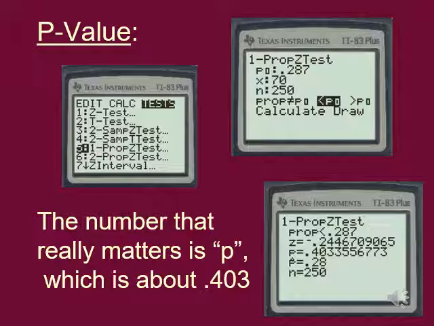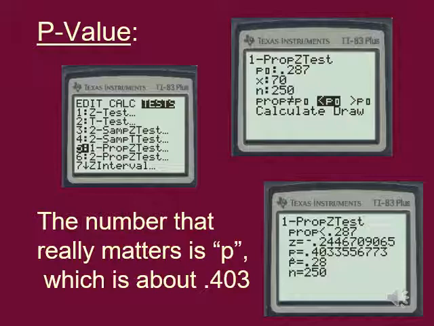And the question said, is it lower than normal? That's why we got less than highlighted. You go down to calculate, and again, the thing we care about is p, not p hat, but p. And here that is about 0.403.